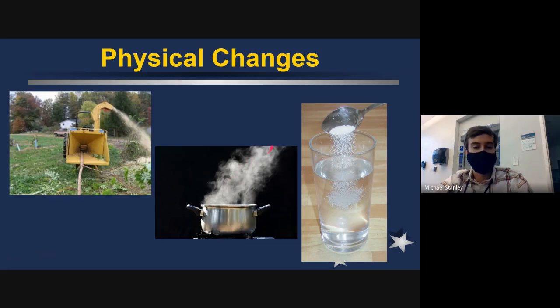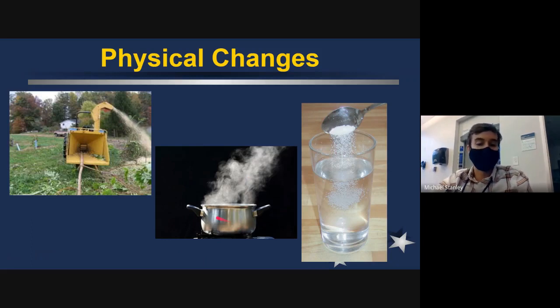This is water that's in gas form. And here is water that's in liquid form. It's the exact same matter. It's the exact same chemical. It's just changed phase from liquid to gas. So we've changed the form of our water, but it's still water.